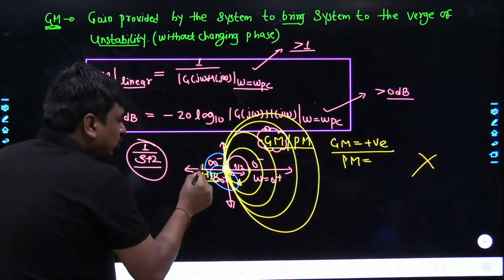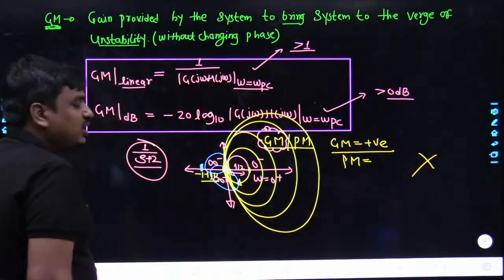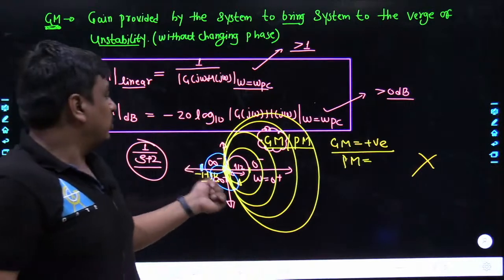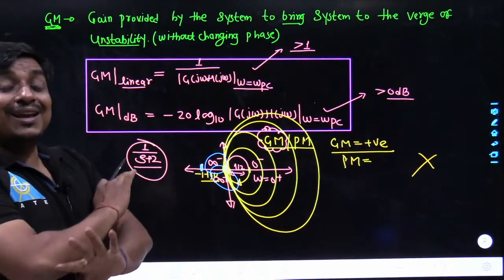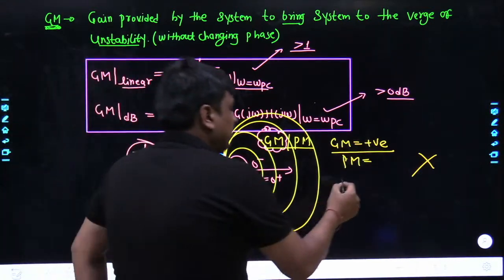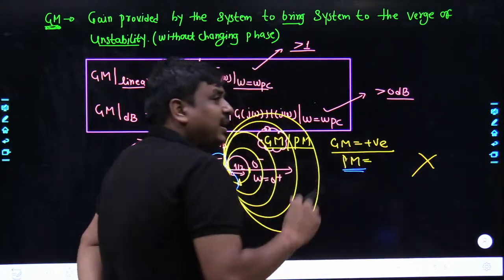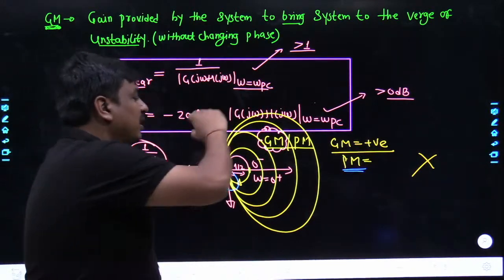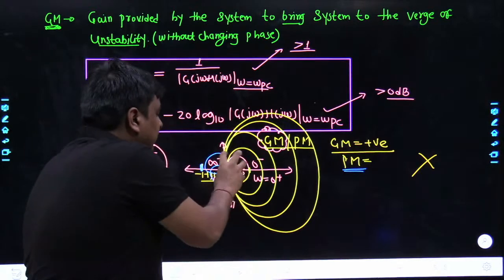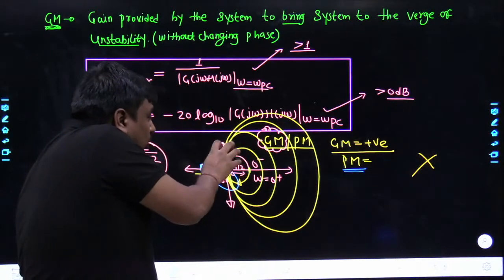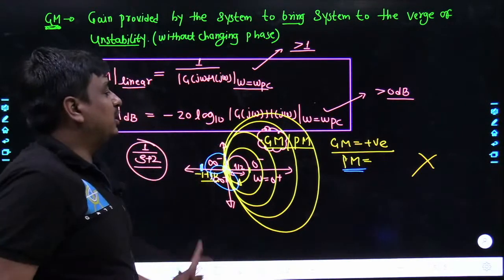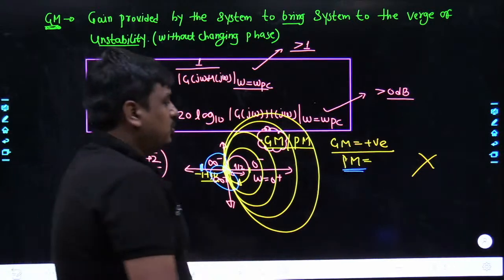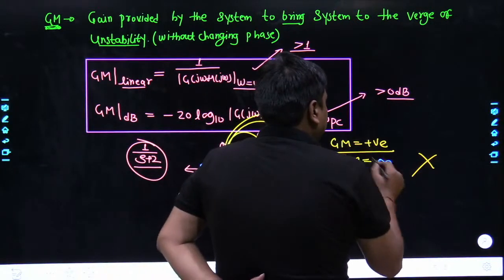May I know, would it enclose minus 1 plus J0 anyhow? No. It is not going to enclose minus 1 plus J0 anyhow, and hence however much phase lag you give, 180 degree, 200 degree, 300, 360, 400, it is just rotating in the clockwise direction, but still it is not enclosing minus 1 plus J0. Put together, the phase margin is infinity.